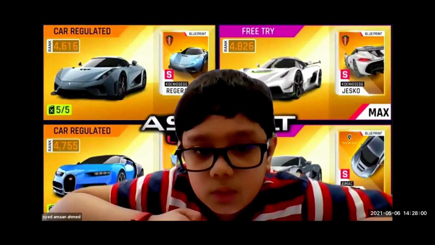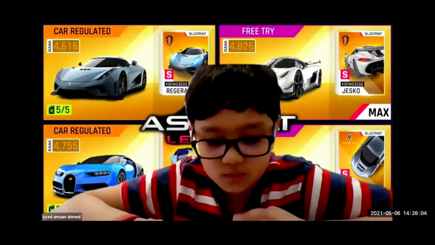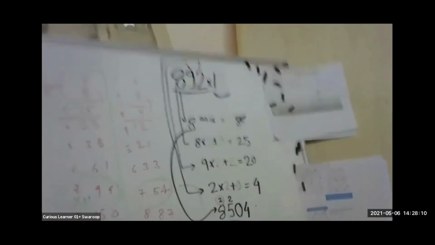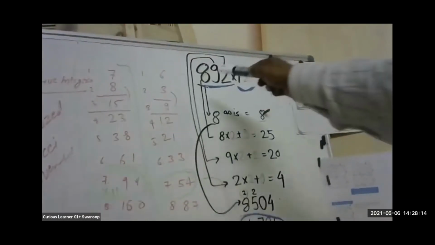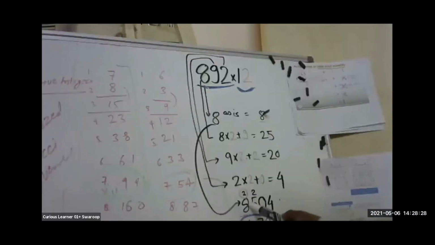This method would be used in all. The first digit 8 goes straight away here. This is the answer we are calculating. We write 8 here as it is. Done. So we have the first digit clear, 8.